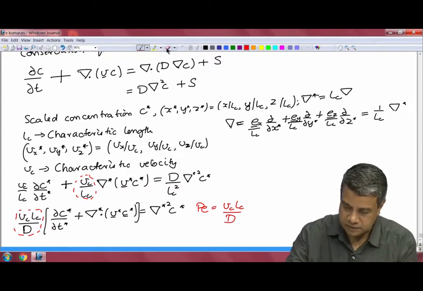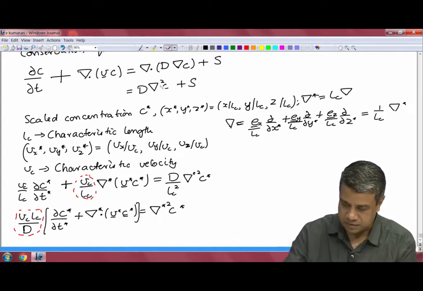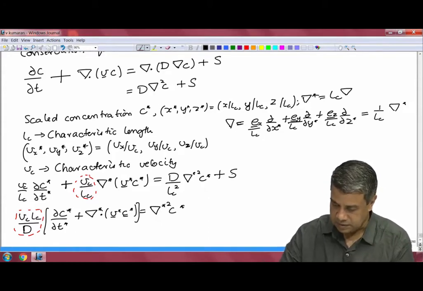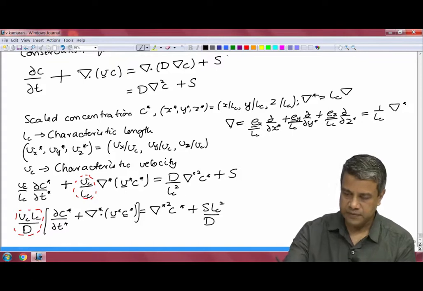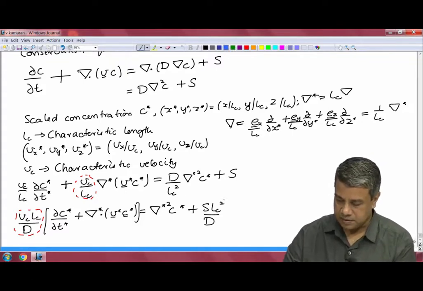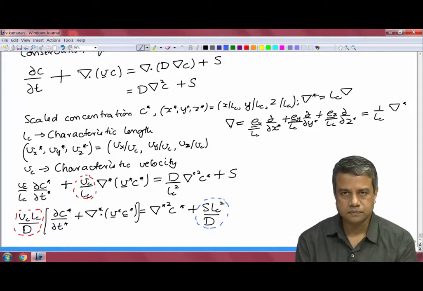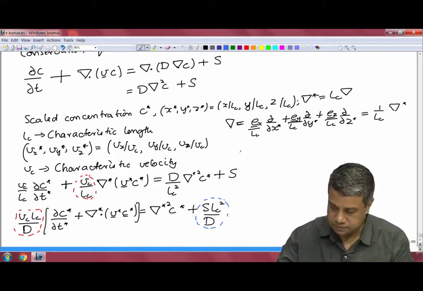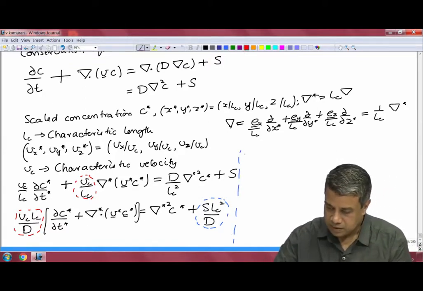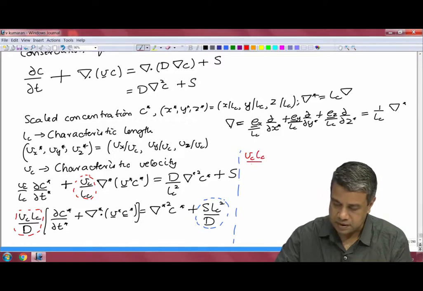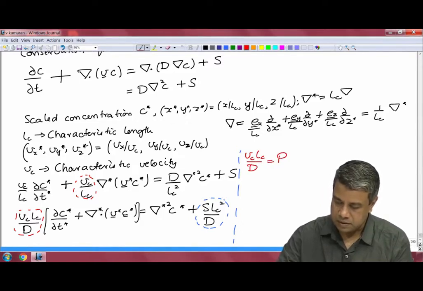In both of these, I forgot to put in my sources, so let me just put that in, plus S here, and over here I will get plus S LC square by D. So this will be a dimensionless source. And as I was telling you, VC LC by D is equal to a Peclet number.